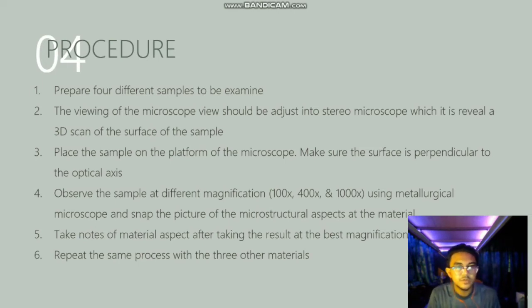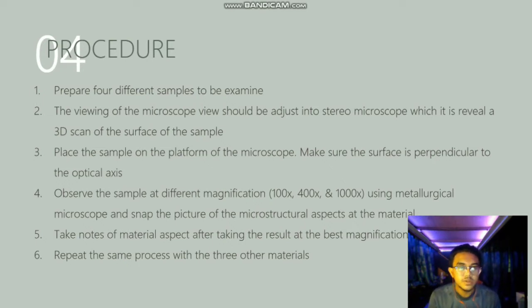The fourth one, observe the sample at different magnifications, 100, 400, and 1000, using a metallurgical microscope, and snap the picture of the microstructural aspect of the material. If the material is blurry or not clearly visible at a certain magnification, we have to adjust and change the magnification so that the image can be seen more clearly.